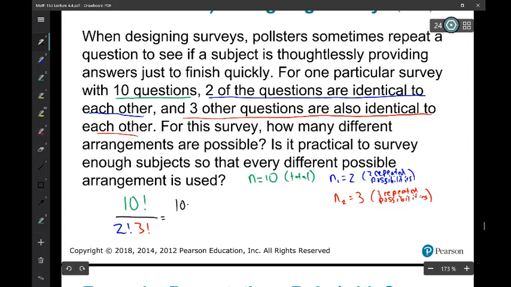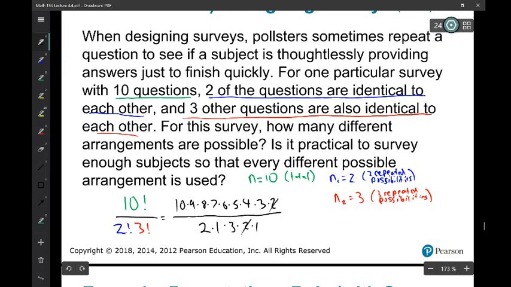Which is 10 times 9 times 8 times 7 times 6 times 5 times 4 times 3 times 2 times 1, but oftentimes we don't write the 1 since we don't need to. And then 2 times 1. I'll write it here for educational purposes. And then 3 times 2 times 1.